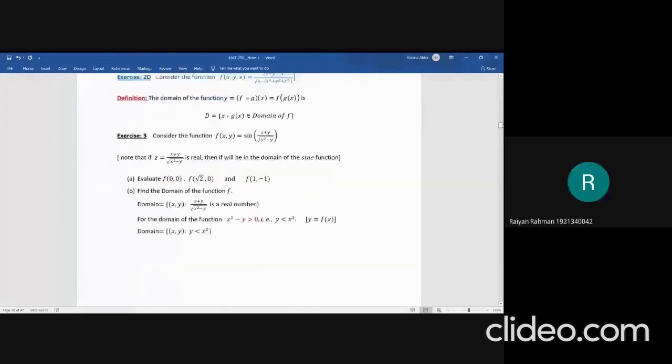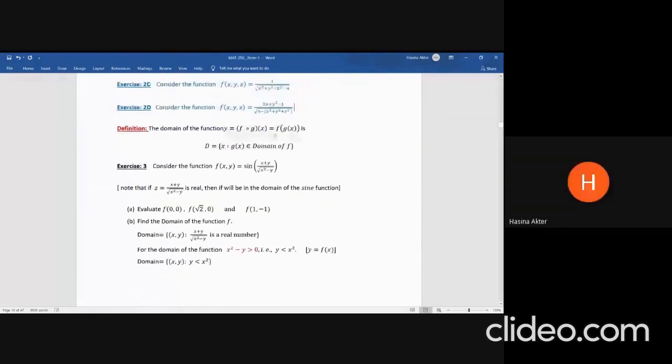So let's see a definition. This definition says to find the domain of a composite function. The domain is given by the collection of all real numbers x such that x is an input of g, so that g of x is in the domain of f.